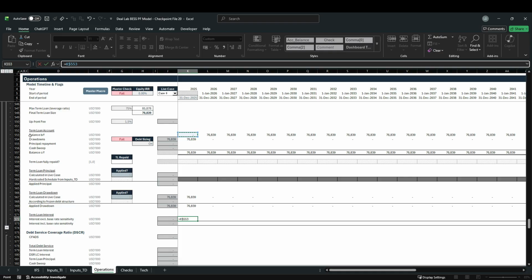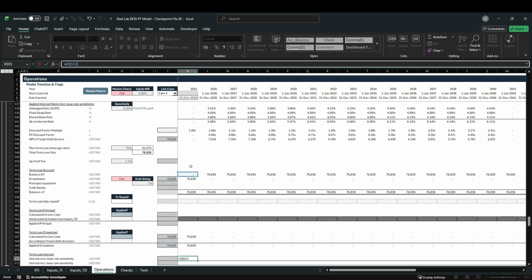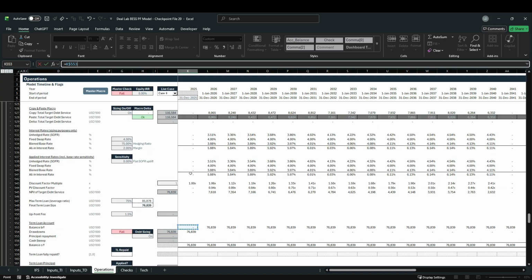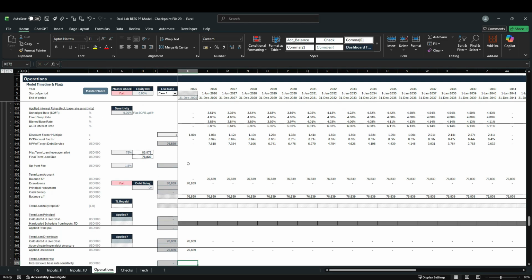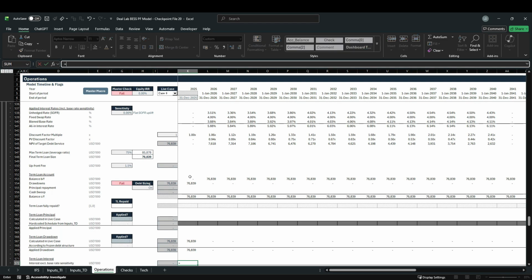So once we picked up the balance brought forward, we will scroll up and search for our all-in interest rate. And here we will pick up the all-in interest rate for sizing purposes only, which excludes our base rate sensitivity. So let's multiply it with our, we lost the balance brought forward here. So let's pick this up again.